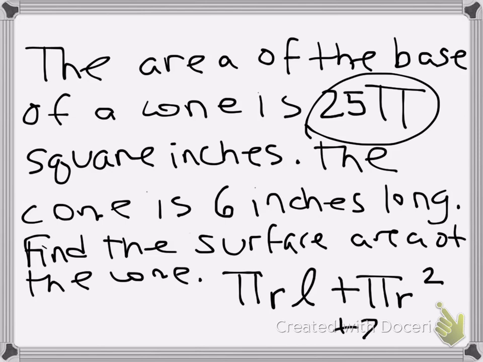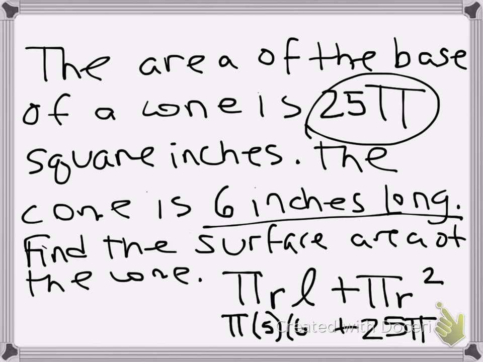So this becomes 25 pi. So we're going to put r as 5 here, and then it gives us L, the slant height, which is 6, so we're going to put 6 in for L.